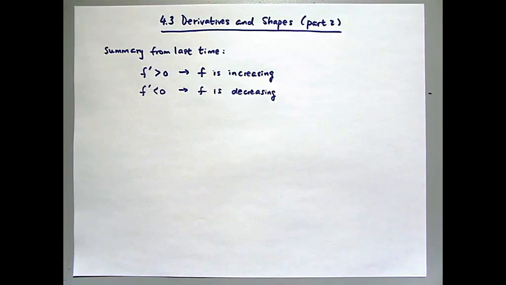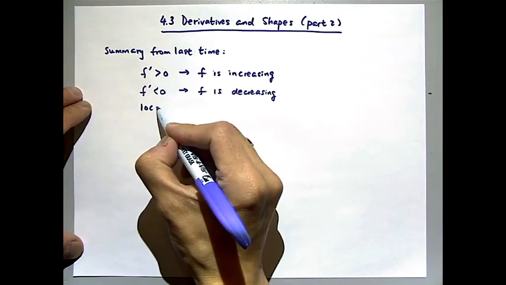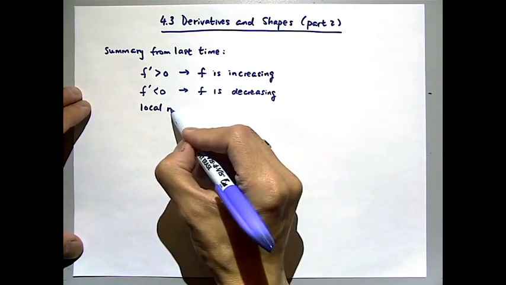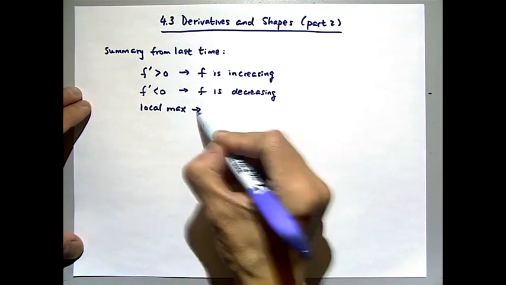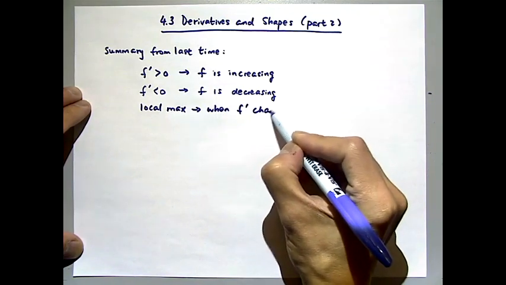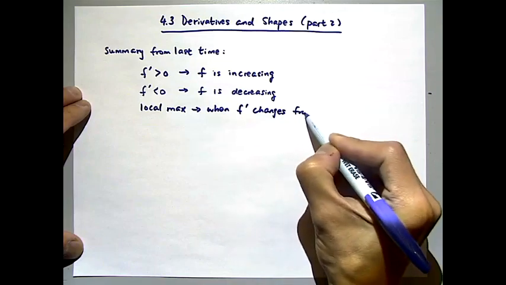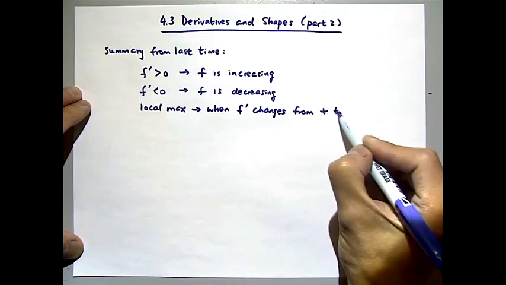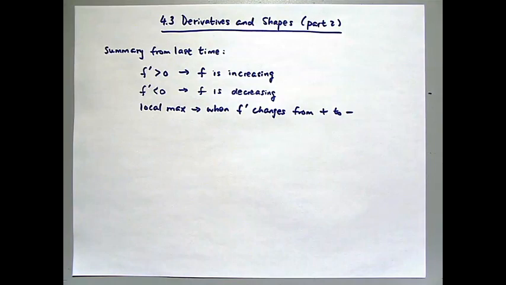We also remember that if the function was increasing before and decreasing after, then somewhere in the middle we reached a relative maximum, a relative or local max. It happens when f prime changes from positive to negative, increasing before, decreasing after.